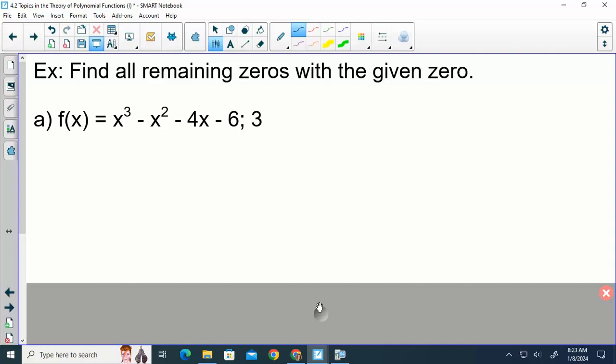So we're doing the exact same thing, except I don't want the factors at the end, I want the zeros. So where do we begin? 3, 2.